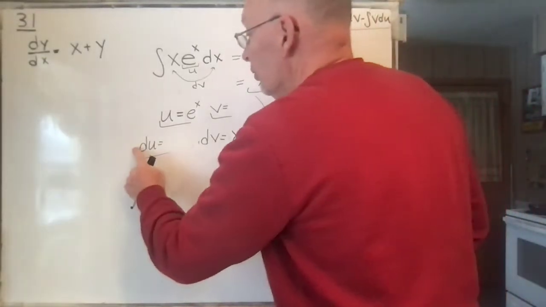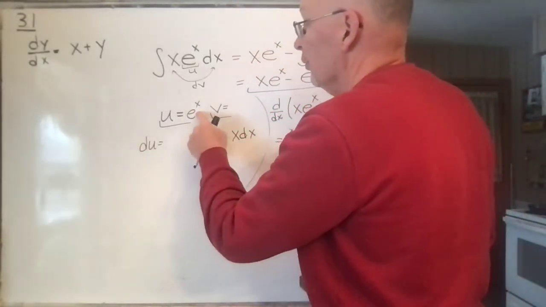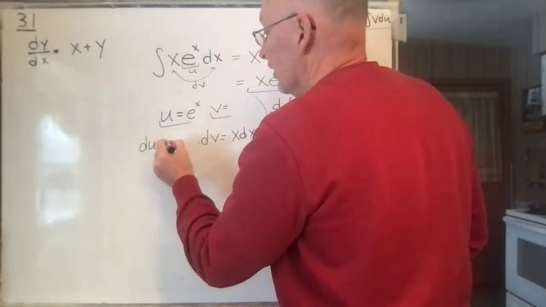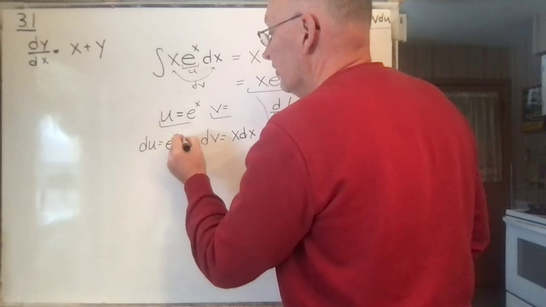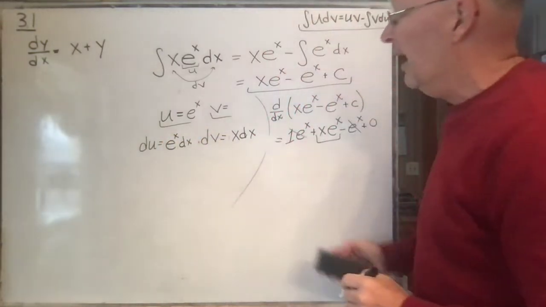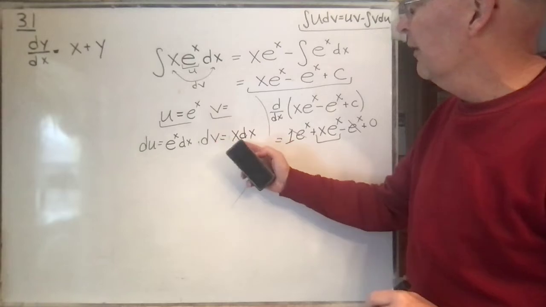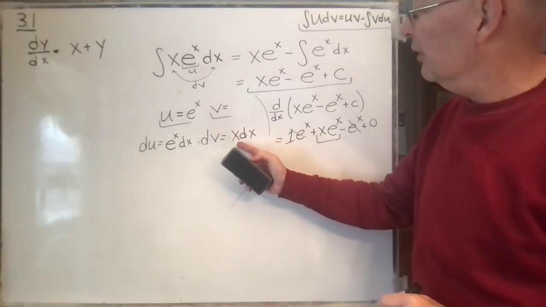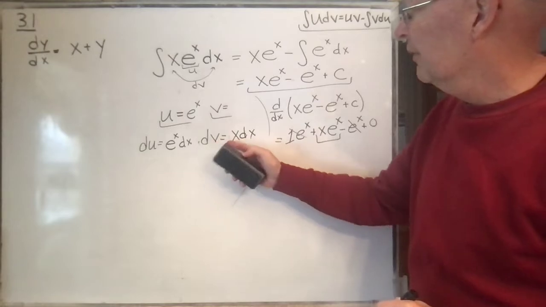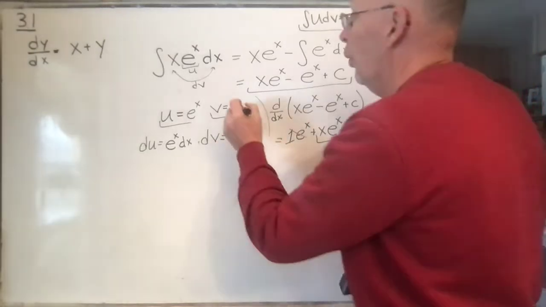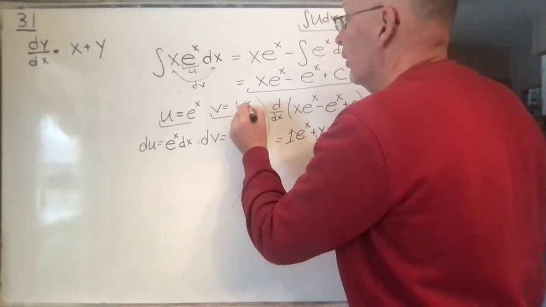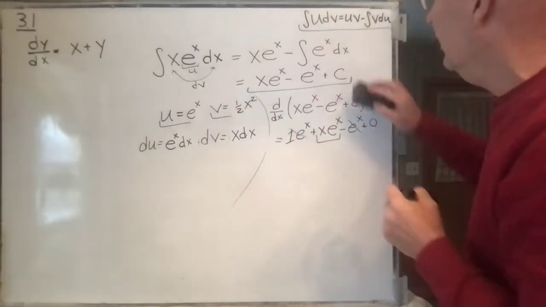So now du is what? The derivative of e to the x is going to be e to the x dx. And the antiderivative v, what's the antiderivative of x? It's just going to be 1/2 x squared. Agreed?